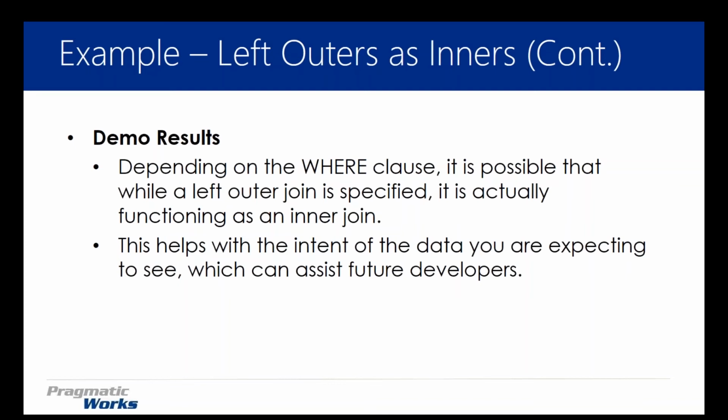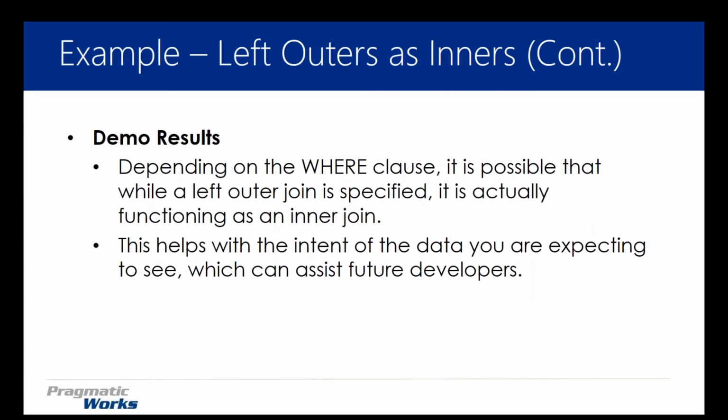What's important here is that it helps you to show that intent. I'm interested only in people that had sales transactions. I'm not interested in any people that didn't have sales transactions. So it's important, not from a performance perspective, but from an intention perspective for the next person that picks this up.